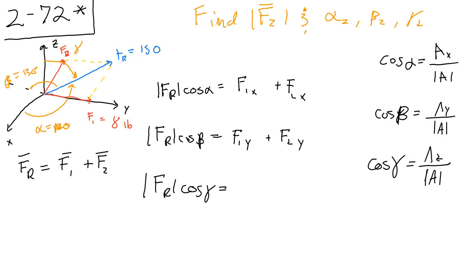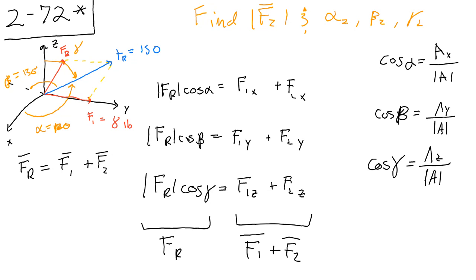All of this over here is the resultant force, and all this is F1 plus F2. So we have 3 equations because we're in 3 dimensions.